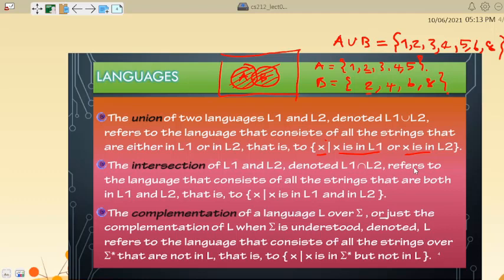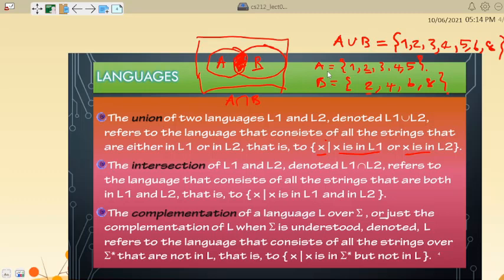That means x is in L1 or x is in L2, where x is a string. The string is in L1 or the string is in L2. Okay. Then the intersection.